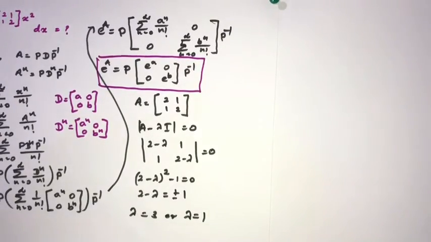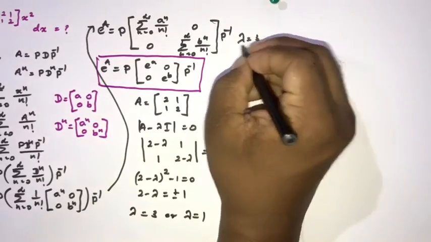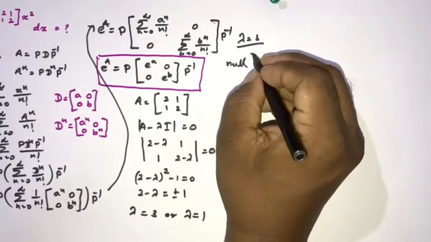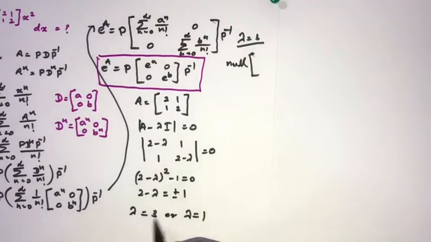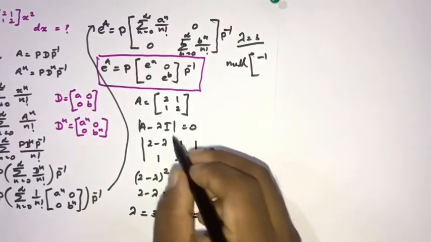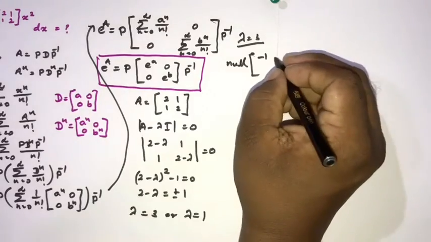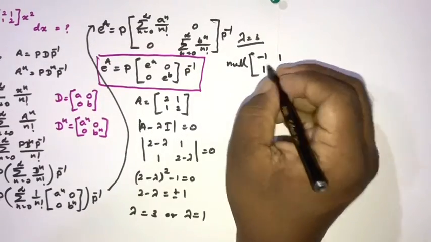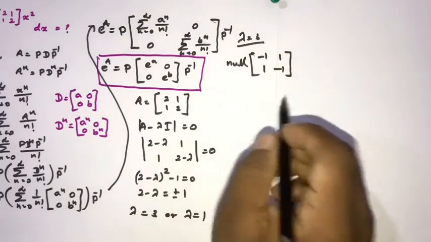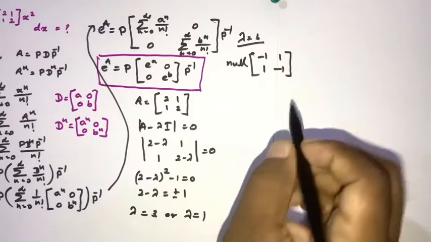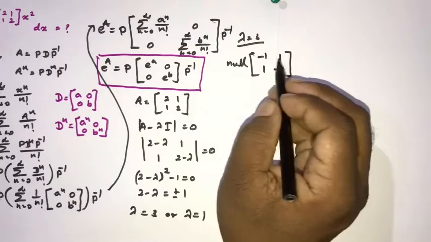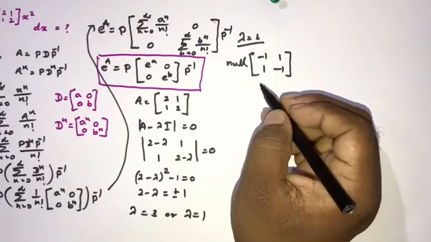Then we are going to find the eigenvectors. When lambda is equal to 3, we take the null space of the matrix A minus 3I, so here we have [minus 1, 1; 1, minus 1]. Now some simplification of rows: we can multiply row 1 by minus 1 and then subtract row 1 from row 2.